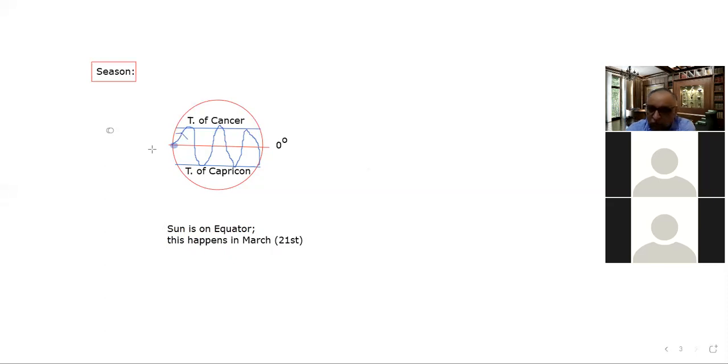Because the sun is the source of life, where the sun goes, the vegetation will bloom there. So this is the position, and this is the outbreak of the spring season in the northern hemisphere, because the sun is moving towards the north.